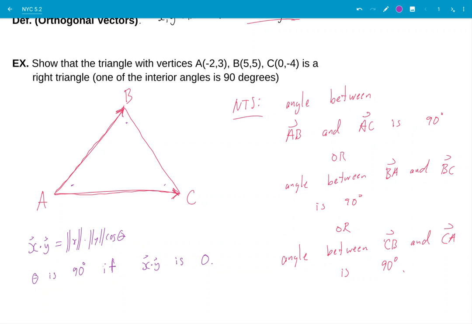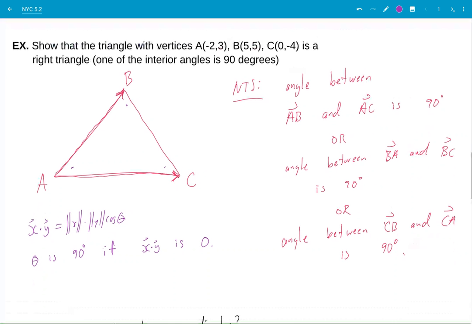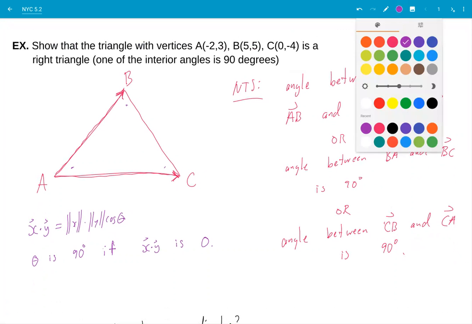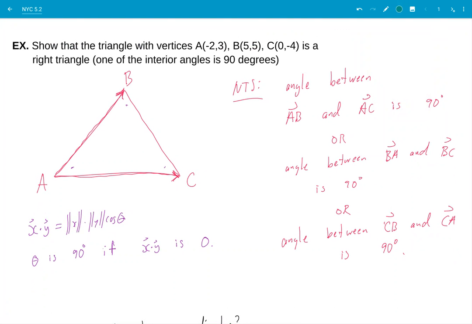Okay, so what I'll do is I'm going to find this dot product here between these two vectors, and likewise these two and these two. I'm going to see that one of these dot products is 0. Okay, so let's go green here. What is AB dot AC? So remember how to find AB.